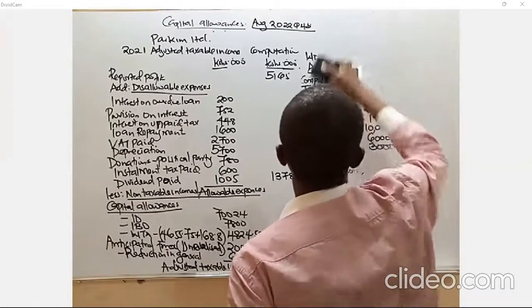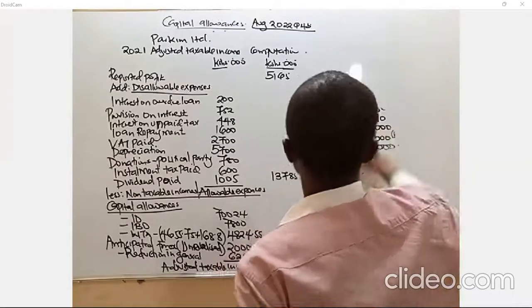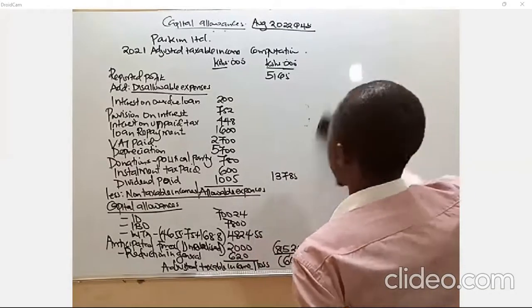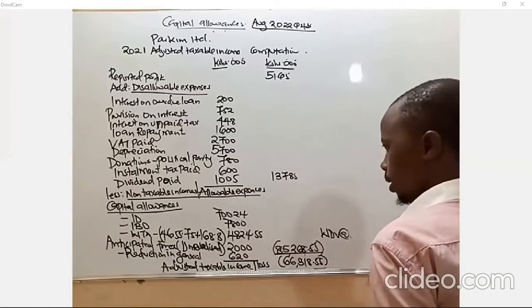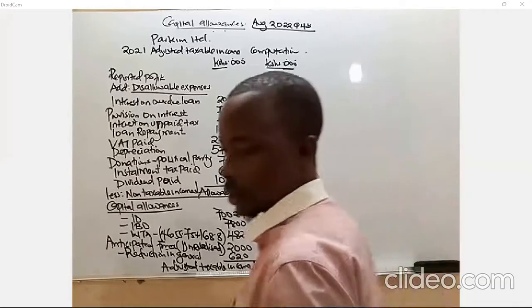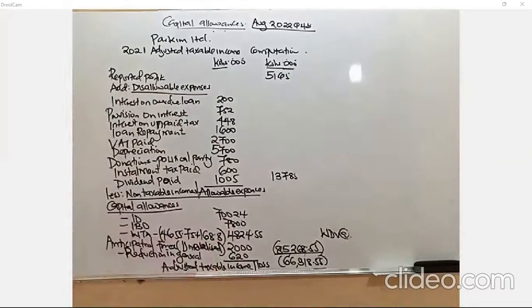It will be very simple. So to treat your tax losses will be very easy, very simple here. You tell the examiner this.